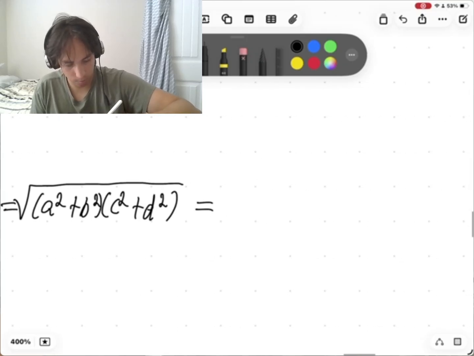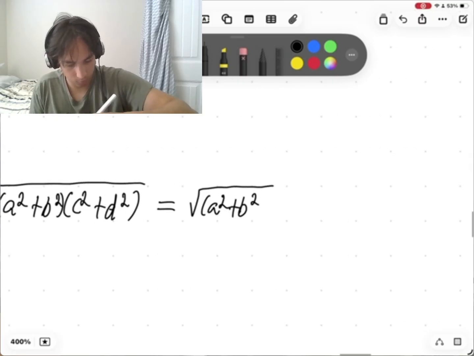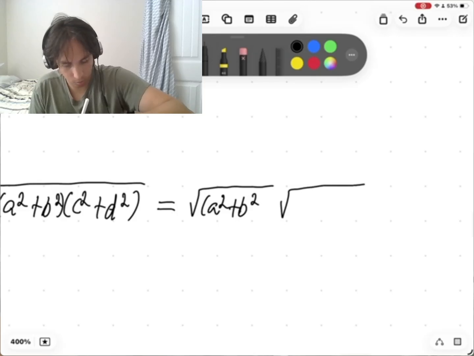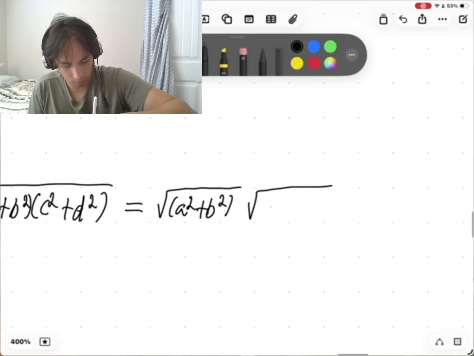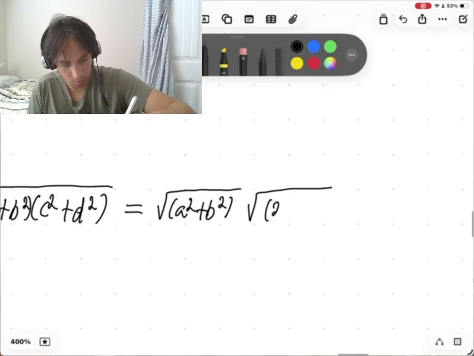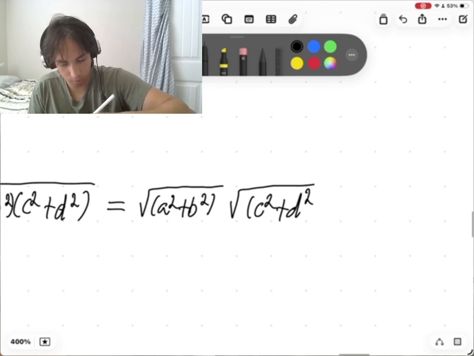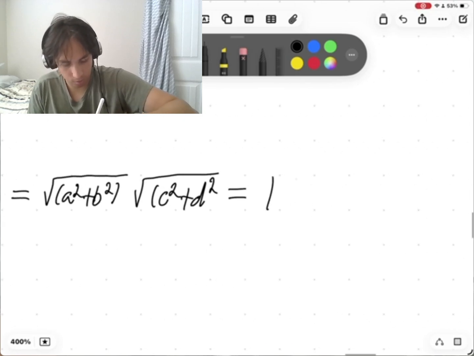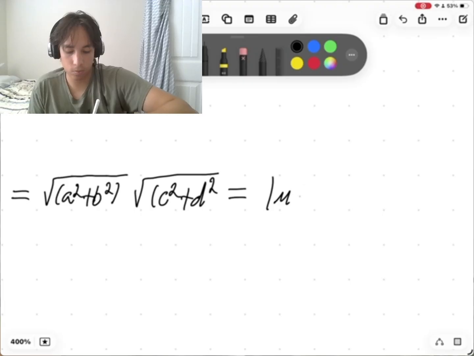We can separate them: the square root of A squared plus B squared times the square root of C squared plus D squared, which equals the absolute value of u times the absolute value of v.